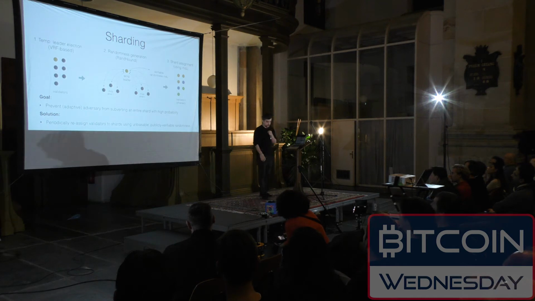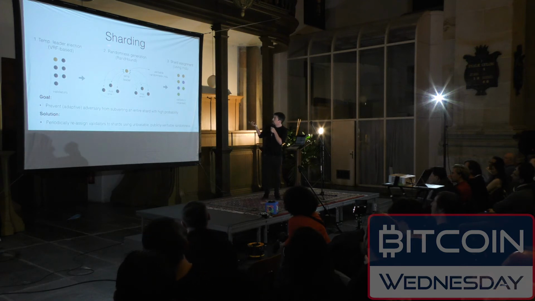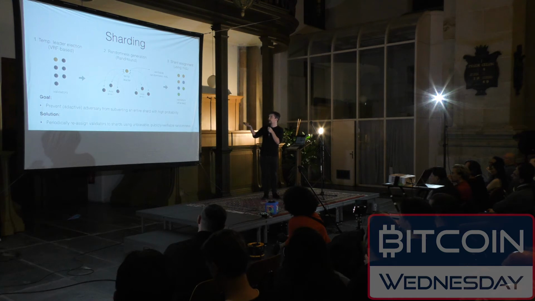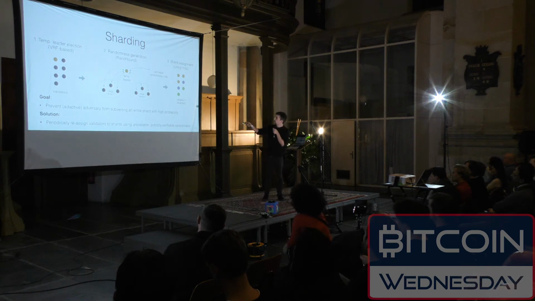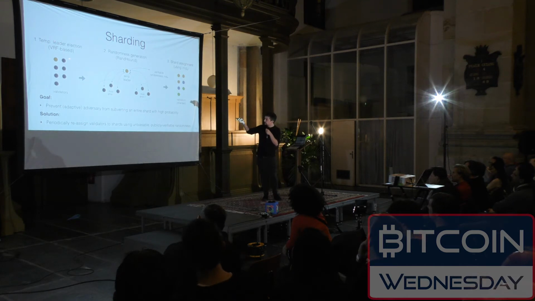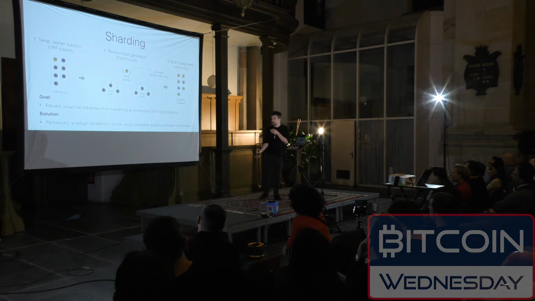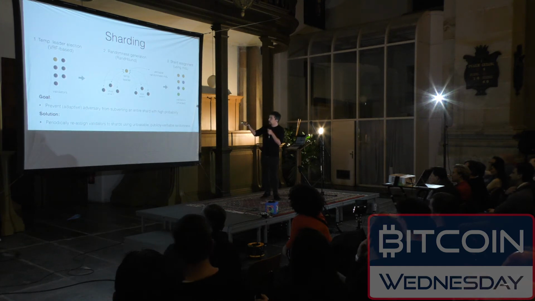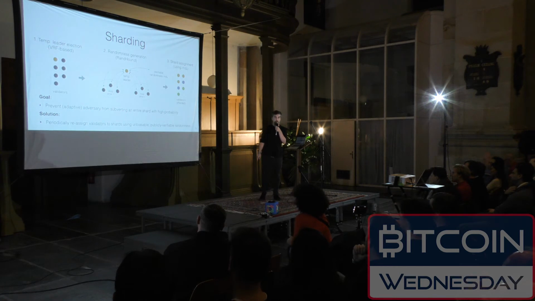Okay, let's have a closer look at the 3 steps. So the sharding works in 3 steps again. First of all, the sharding is always run across all validators that exist, across all shards. And then we temporarily elect one of them as a leader, just through a decentralized lottery, essentially, which uses a cryptographic construction which is called a verifiable random function.